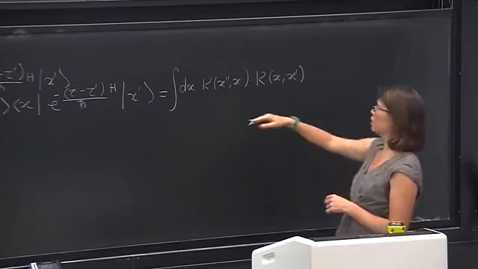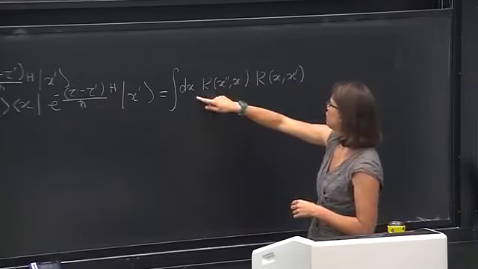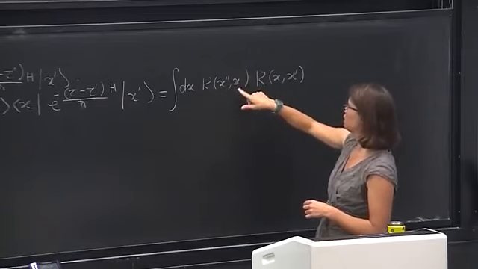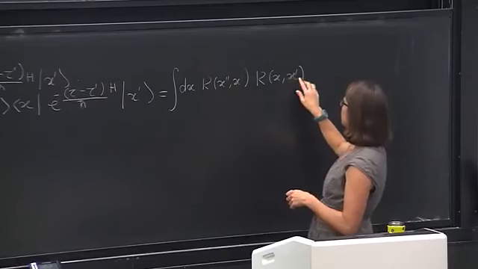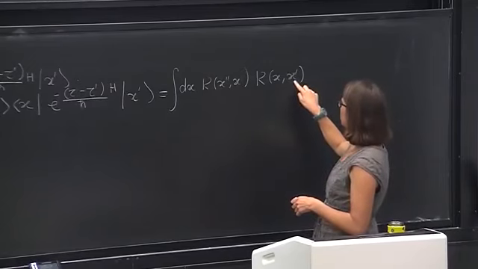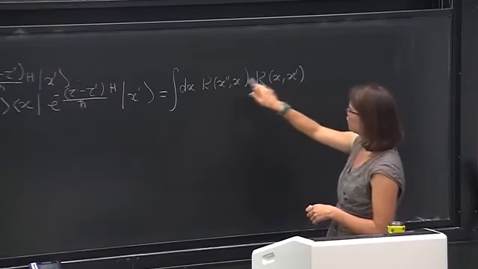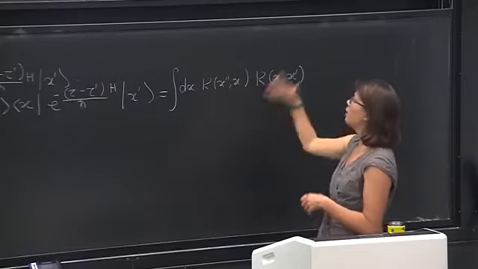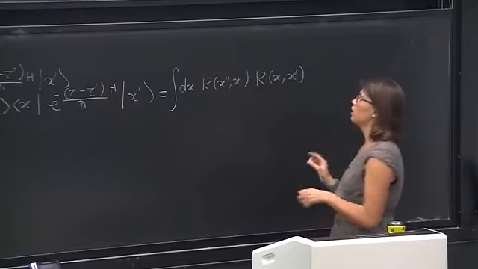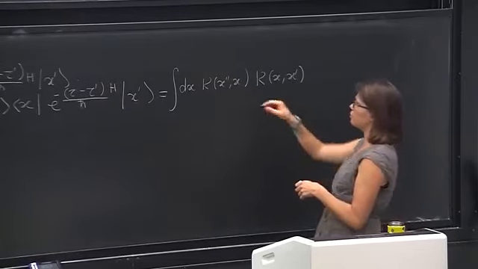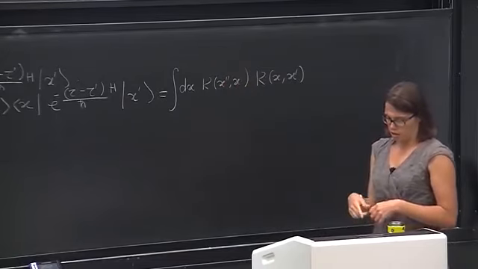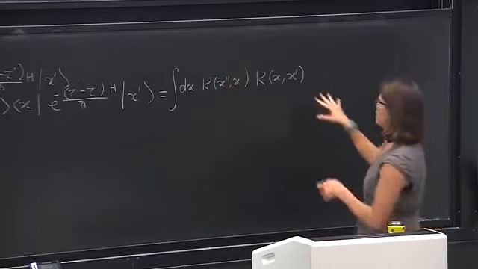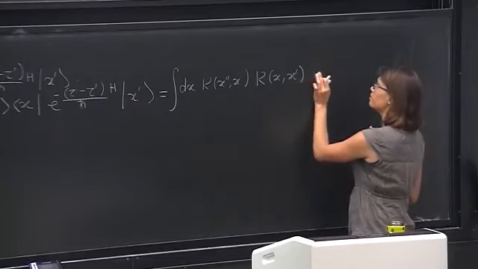And what you do here is integrate over all possibilities. Because we just know that at the initial time the particle is here, at the final time the particle is here, and at any time between these two it should be somewhere that we label by x, and this can be any position.